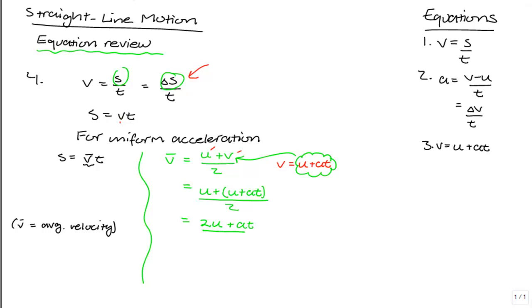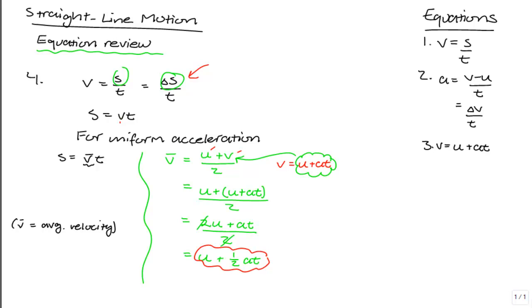Take a look at this equation. The 2's cancel, so you get u plus half at. And this is your expression for the average velocity of the object in terms of the initial velocity, the acceleration, and the time.